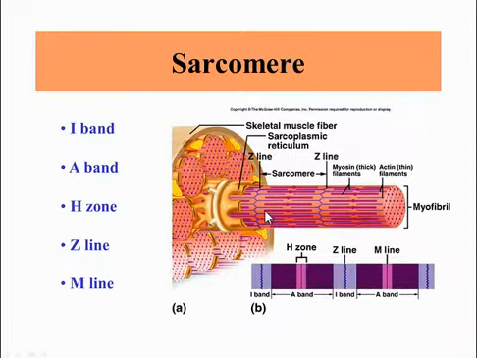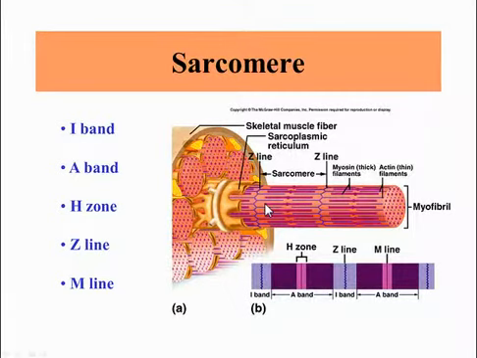So from the end of the myosin to the end of the myosin is going to be the A band. Again, the A band is going to have a real dark stripe, a medium dark in the middle, and a real dark stripe again. Two layers, actin and myosin, with only myosin in the middle. So that gives it that striated look.